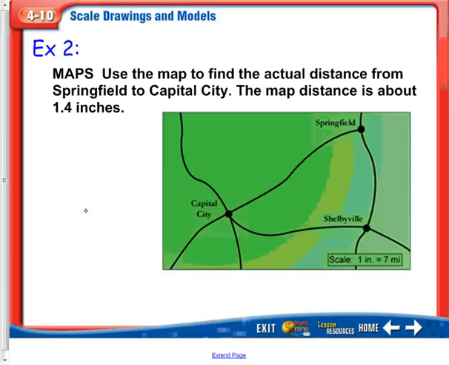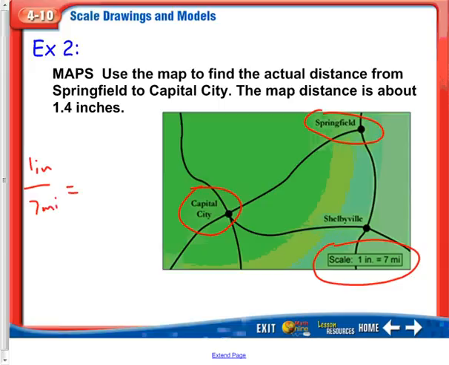For example 2, we want to find the distance between Springfield and Capital City. And my map scale is right here. Remember, what I do right away is write your scale as a ratio, so 1 inch over 7 miles. And that's equal to, okay, the distance on the map is about 1.4 inches.